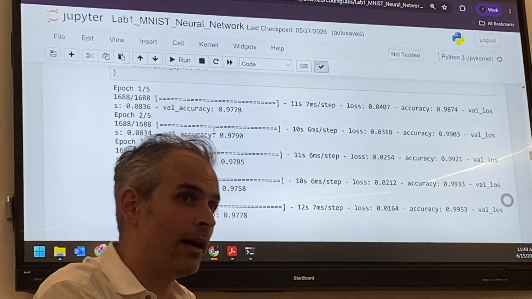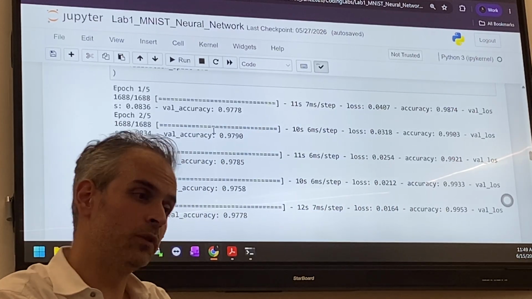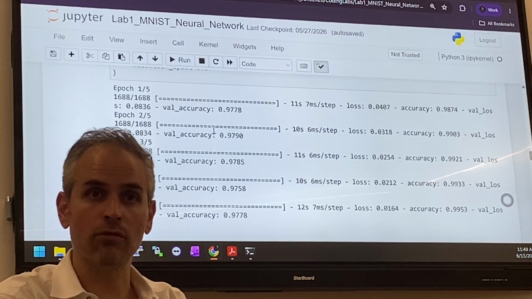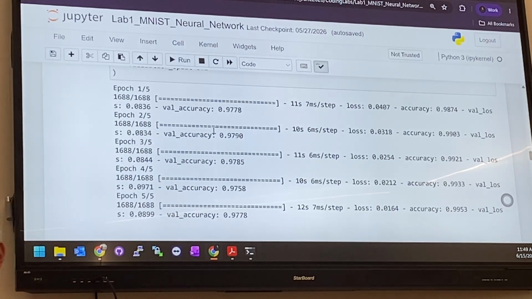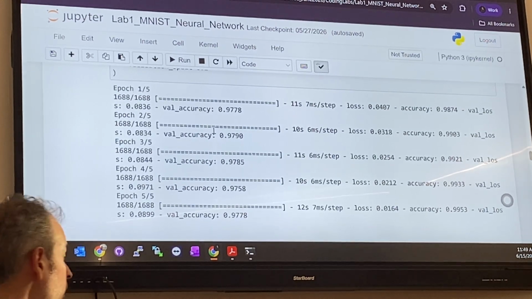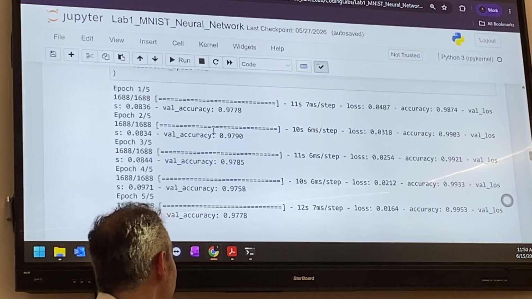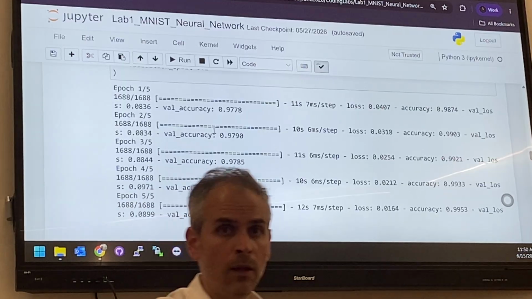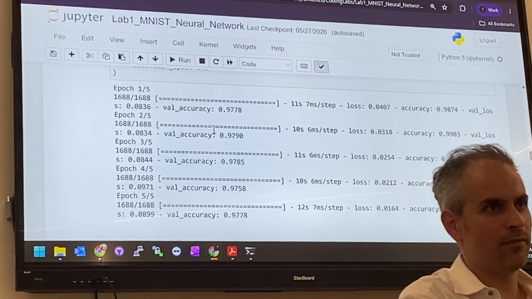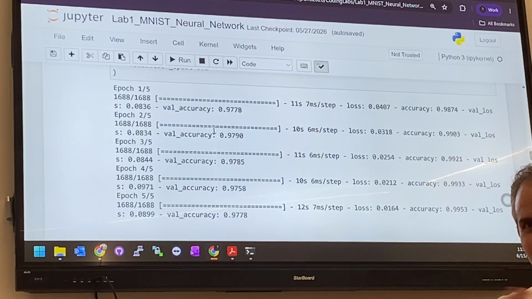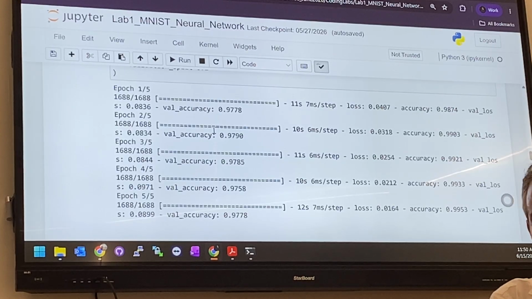So you update the parameters, you train the model, you test it with the validation. Now, you would imagine that as I increase the number of epochs, I would become better and better. But I already reached the highest there, so with this data set, we are good to go. 97 plus accuracy.